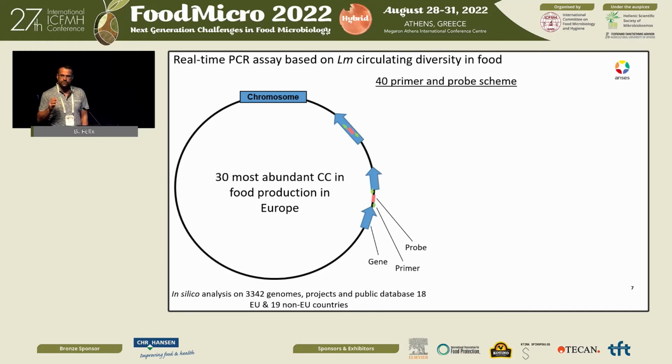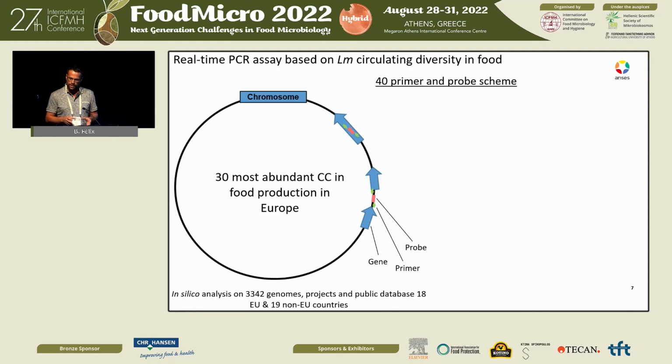Our design, I don't go too much into detail, but we use a pipeline that enables to design really specific and sensitive primers and probes based on the genome of the bacteria. So the dataset used was from public databases and also from farmer studies, and is really representative of the Listeria, but not only in Europe.